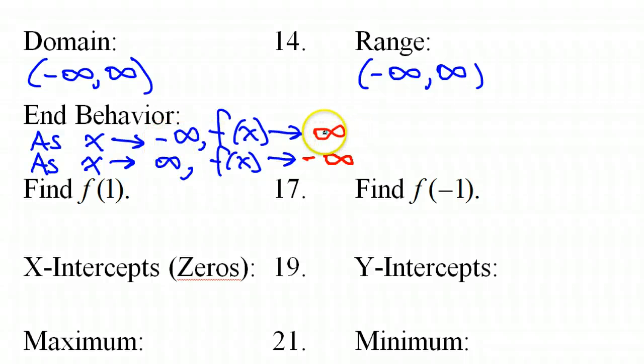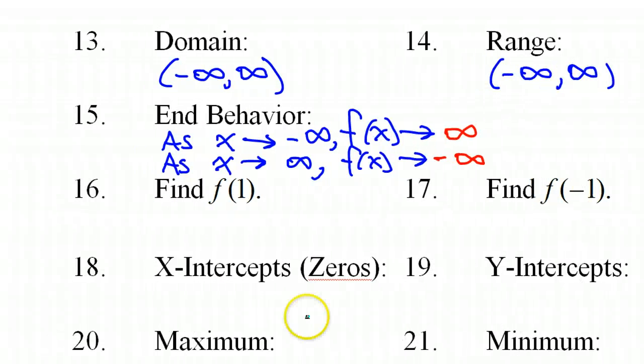And if it rises, that's going to be positive infinity. This one with the positive infinity means as we go to the right, and then the function approaches. And if it falls, you put negative infinity. All right, so that's end behavior. Now let's get on with the evaluating.